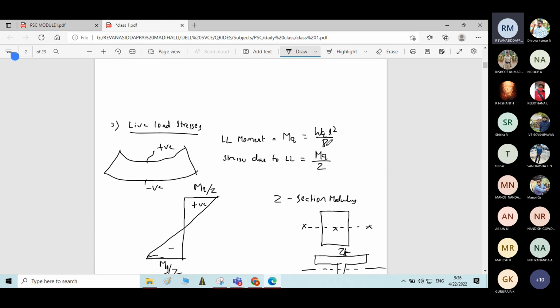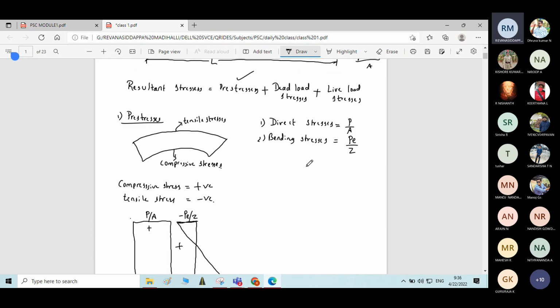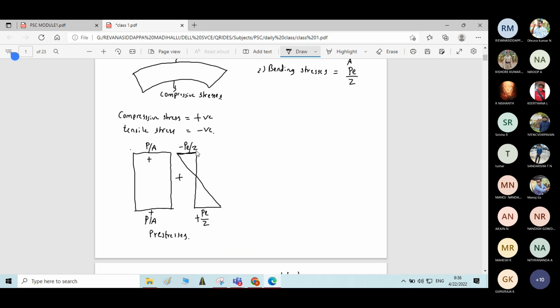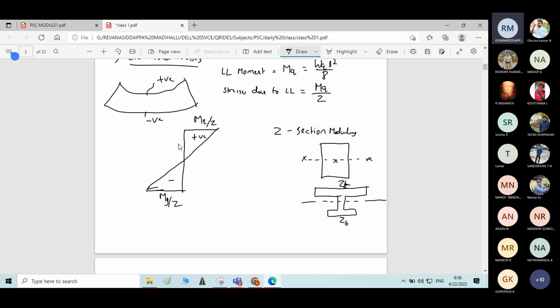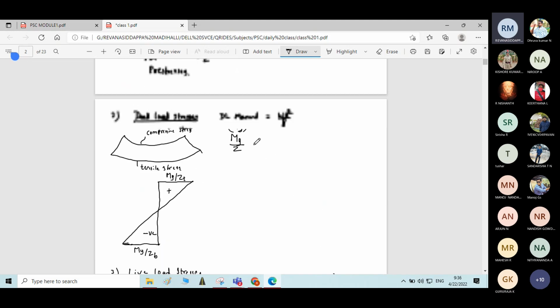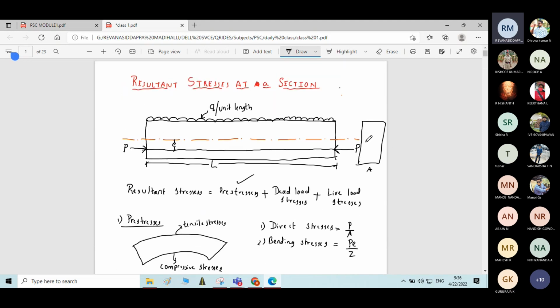You will get a different section modulus with respect to the bottom fiber. Therefore here I'll write ZT and ZB. Here also ZT and ZB. Then ZT and ZB. Whatever section we have considered for this beam is rectangular, no problem.